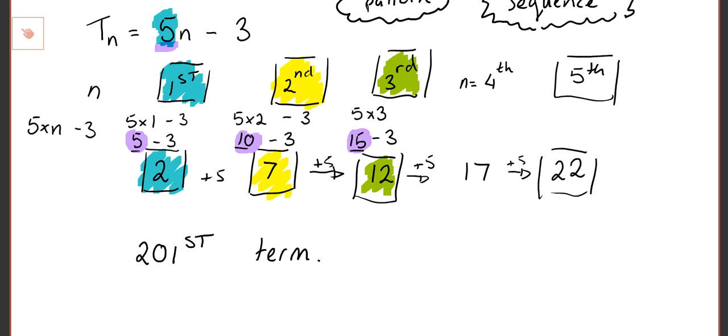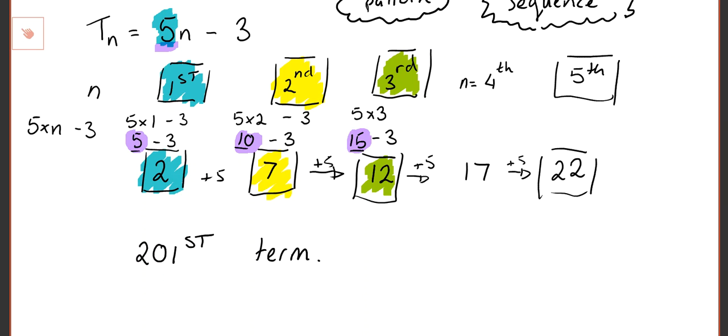If I say I want the 201st number, I'm not going to ask you to write out all 201 numbers and just add 5 every time. That, by the way, is perfectly okay to get the correct answer, if you have all the time in the world. We don't. So you can add 5 200 times. Don't want to do that.